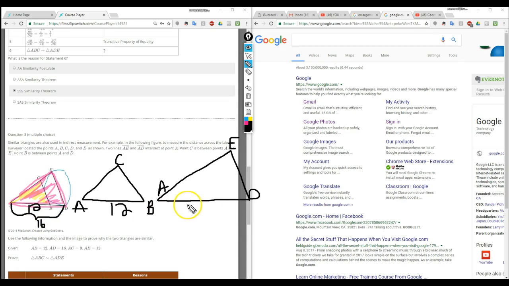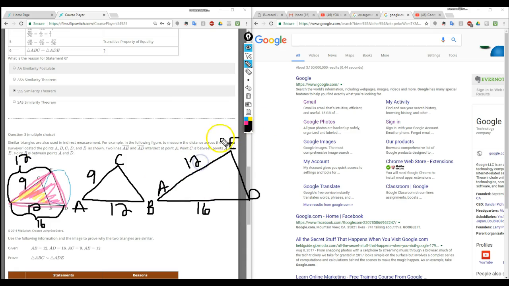So our total length, A to D, was 16. A to C is 9. So A to C is equal to 9. And A to E, the total length, is equal to 12.